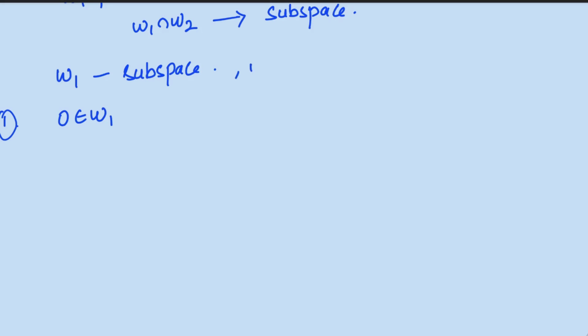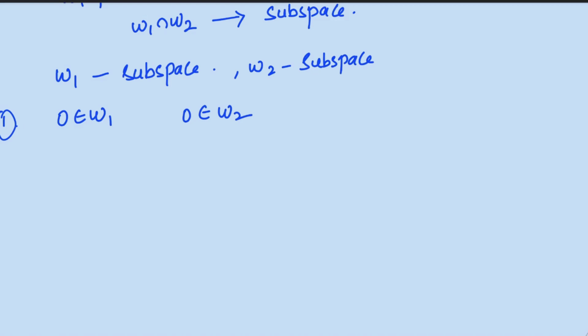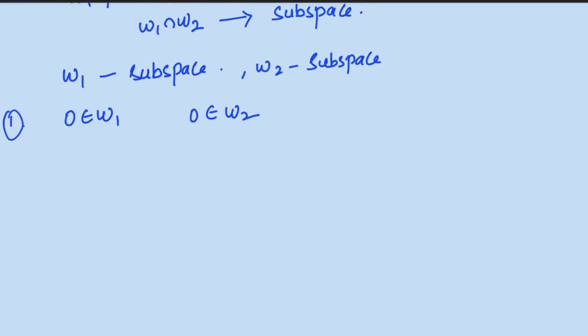If W2 is a subspace, the 0 vector is also in W2. So the first property holds, right? If 0 belongs to W1 and 0 belongs to W2, we can write that the 0 vector belongs to W1 intersection W2. So the first one is satisfied, and next we go to the second one.